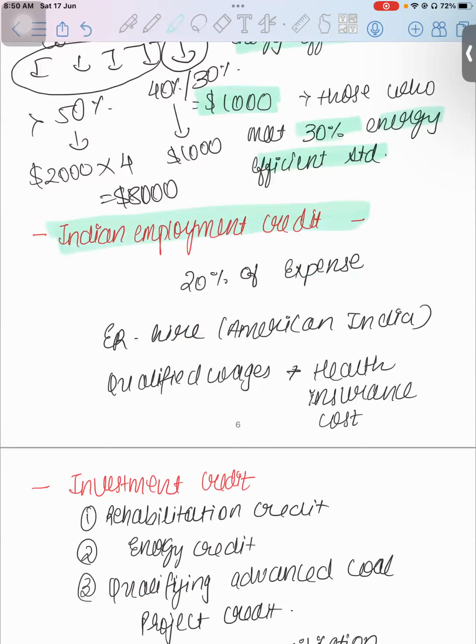Next is the Indian employment credit. Whenever they are employing some American Indian, it's not like if you are working for a CPA firm, this is not called Indian employment.